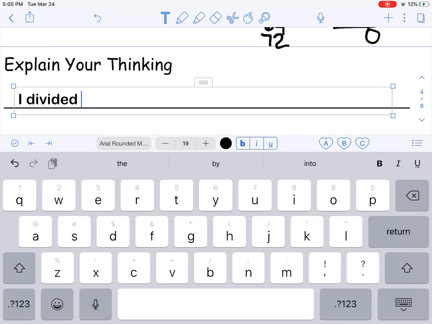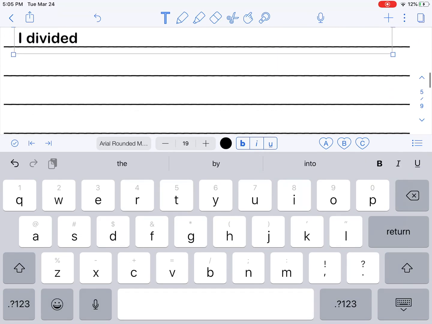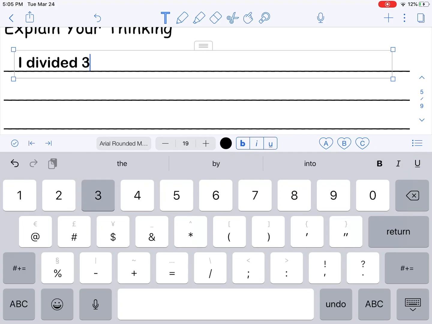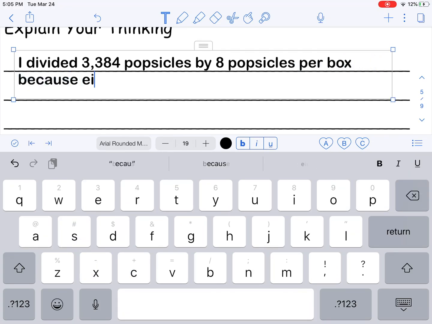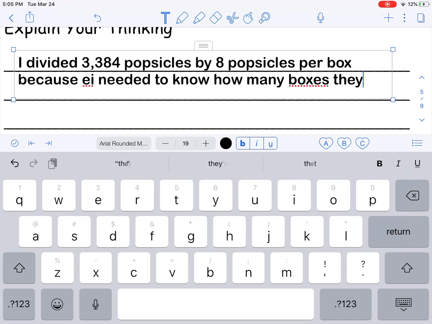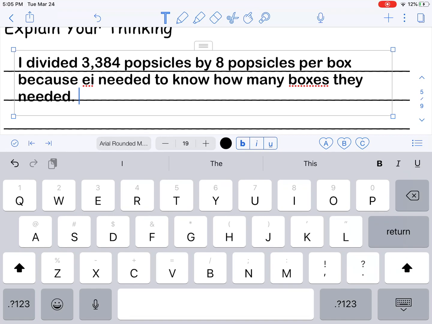So I divided 3,384 popsicles by 8 popsicles per box because I needed to know how many boxes they needed.